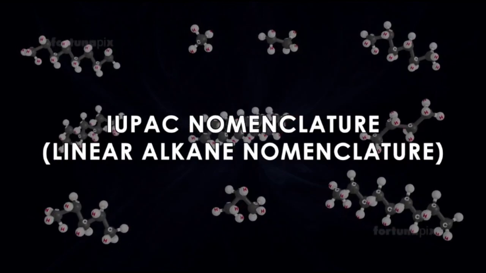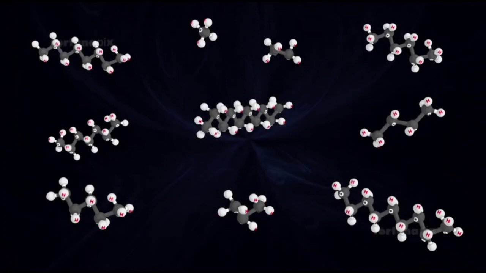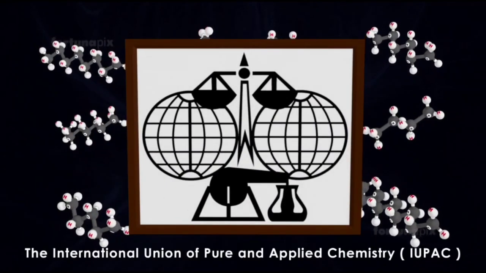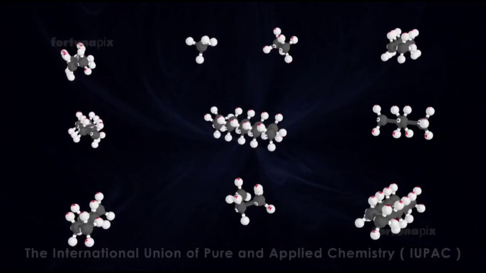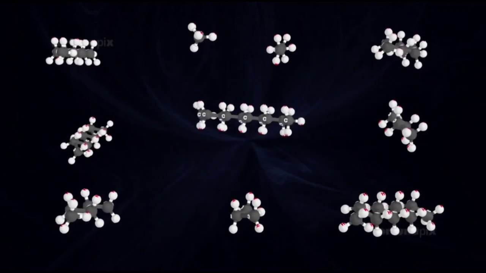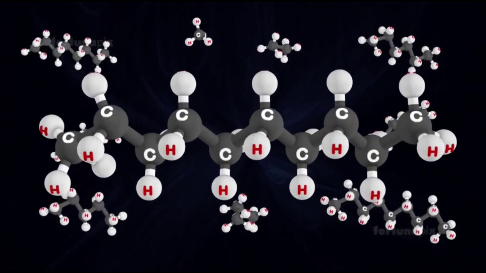IUPAC nomenclature. Linear alkane nomenclature. The International Union of Pure and Applied Chemistry, founded in 1919, established a worldwide set of rules for naming compounds.